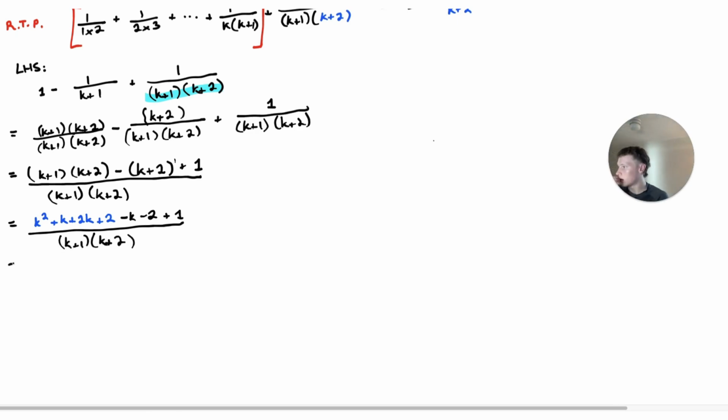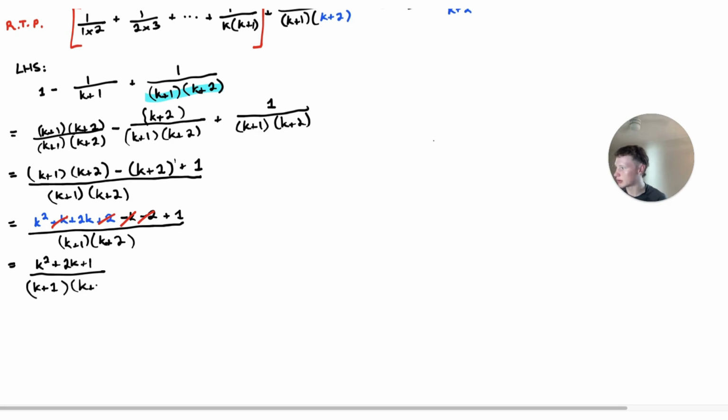Cool. All right. So now this is actually k squared plus 3k. However, can you see that these two will cancel? Similarly, these two will cancel. So actually, all I've got on the top there is just k squared plus 2k plus 1 all over k plus 1 times k plus 2.